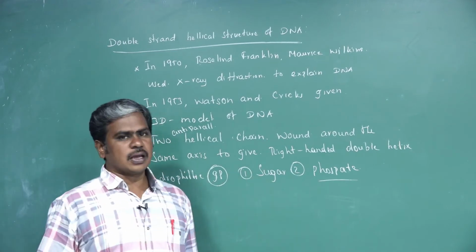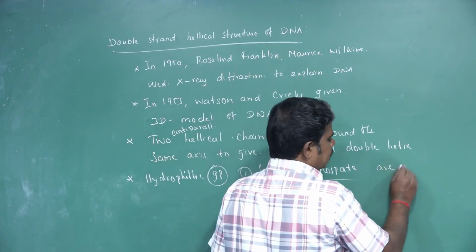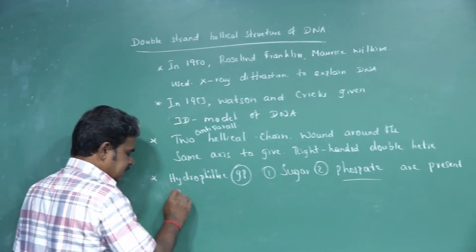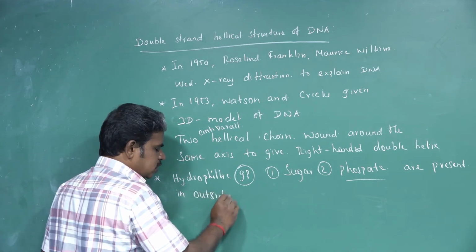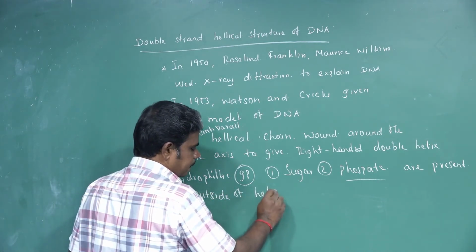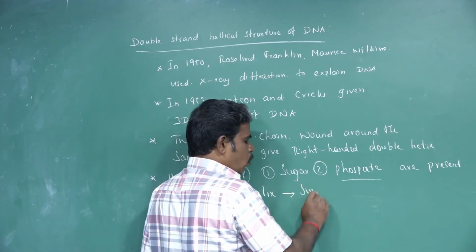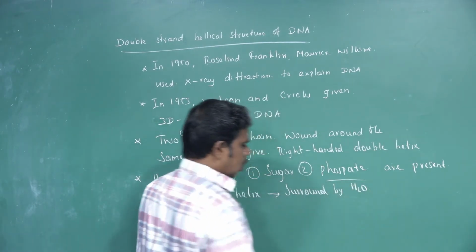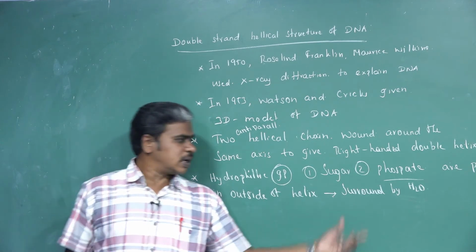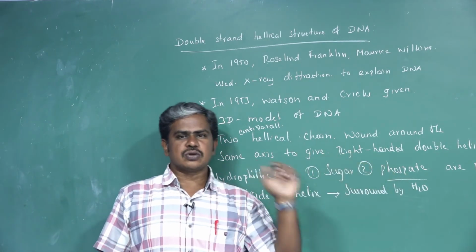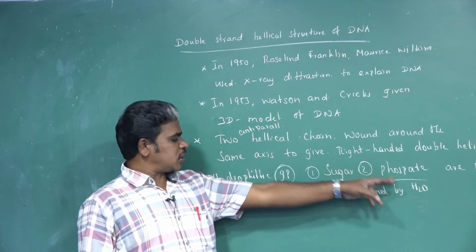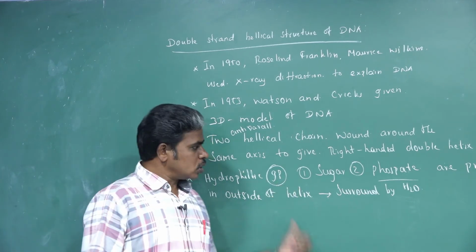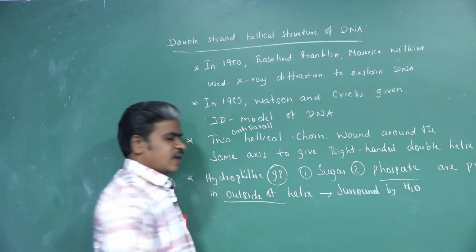So the hydrophilic groups are present outside of the helix, and it is surrounded by water. We are taking the three components, that is sugar, phosphate and nitrogenous base. This sugar and phosphate are hydrophilic groups, which easily attach with water molecules, so they are present outside of the helix.